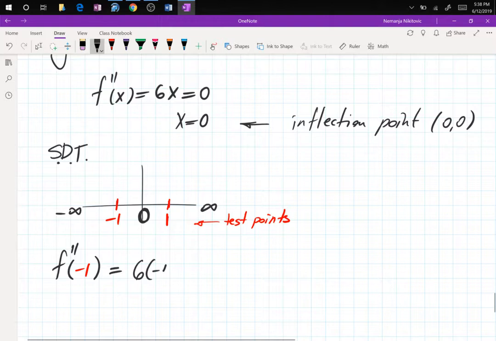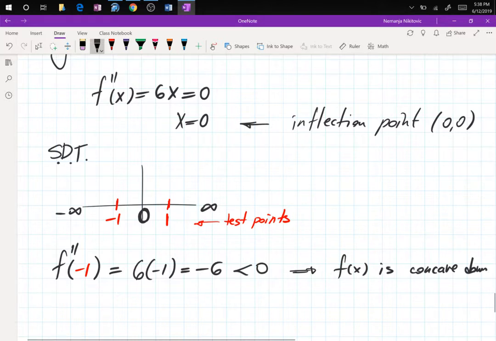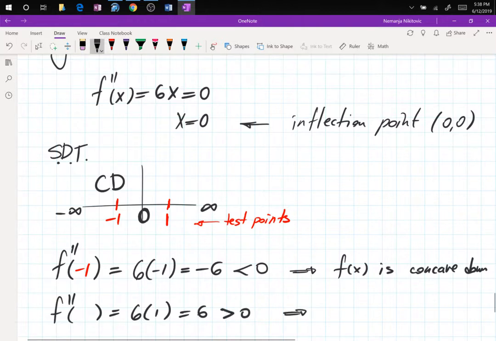So we have 6 times negative 1, which is negative 6, less than 0, implies f of x is concave down. You could just put CD, concave down. F double prime at 1 is 6 times 1, which is 6, which is larger than 0. F of x is concave up.